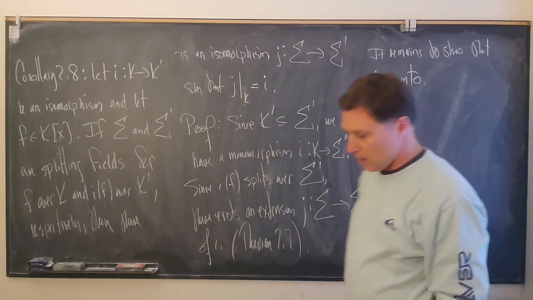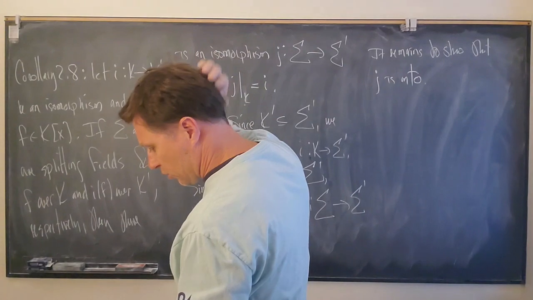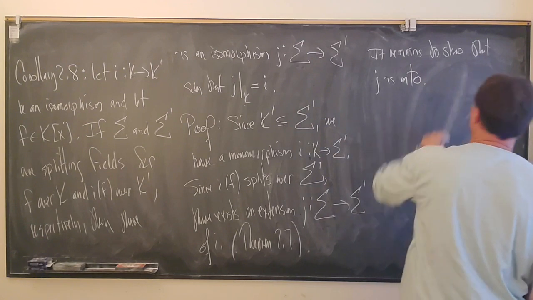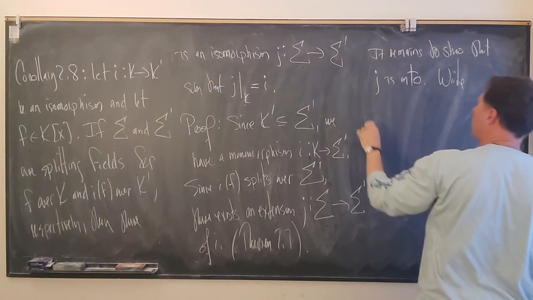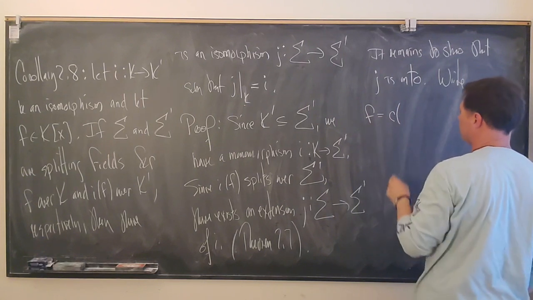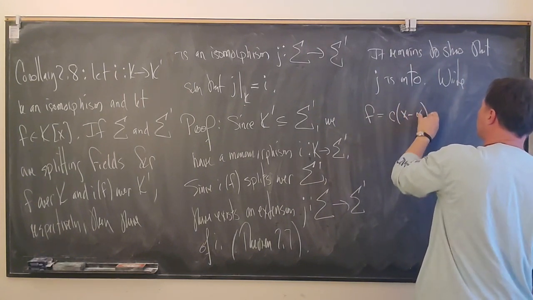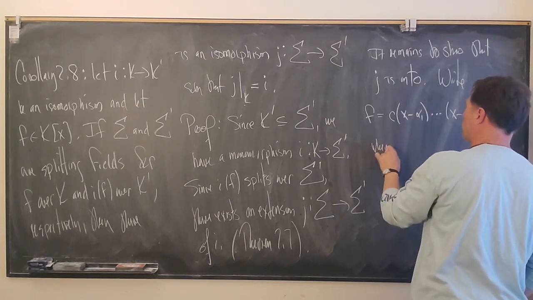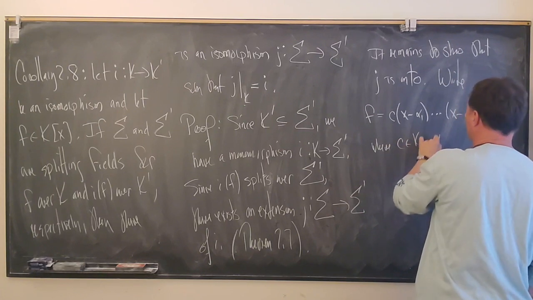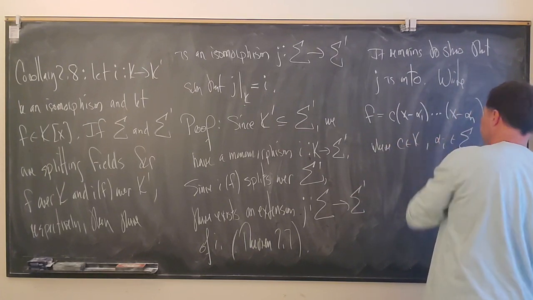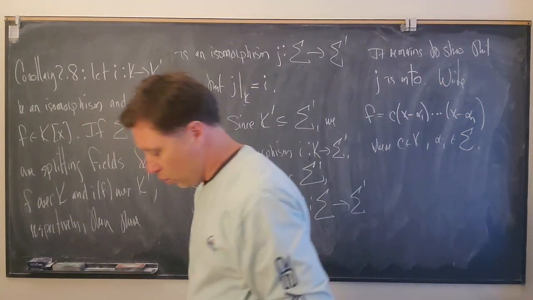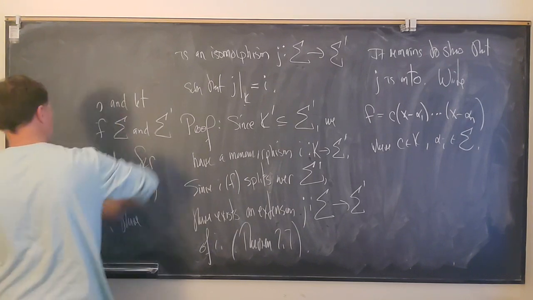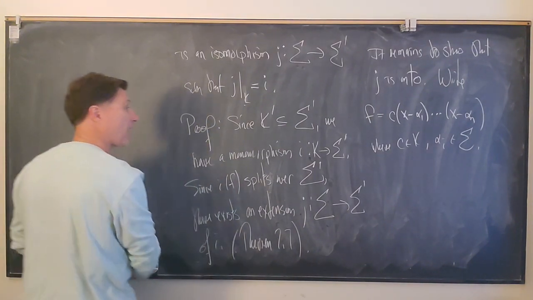To do this, first I'm going to write out what F looks like. We know that F splits in sigma, so let's write F equal to C(x minus alpha 1) up through (x minus alpha n), where C is in K and all the alpha i's are in sigma. Now, when I look at I of F, because of this extension, I could use J to apply it, and then we get to apply J to all the alphas.